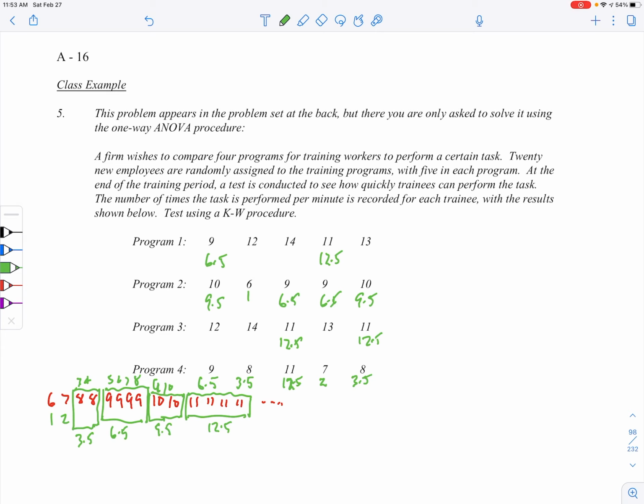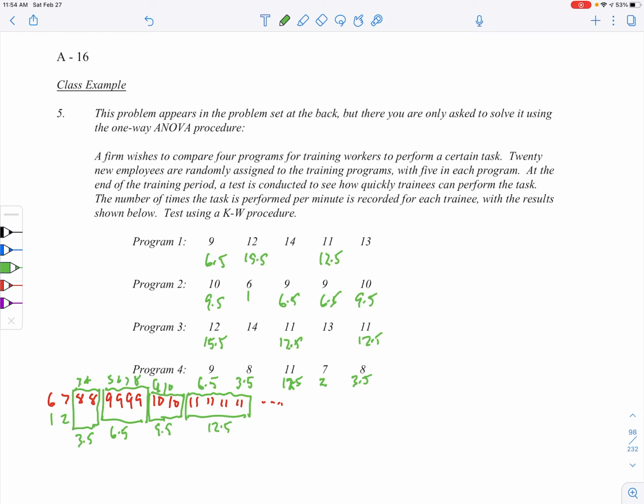Okay, I'm not going to write any more down here at the bottom. But let's see, what do we got next? We've got the 12s. I think there are 2 of those. So we're up to the 15th and 16th numbers. So there's 2 of these, and we're going to give them 15.5 for the 12s.